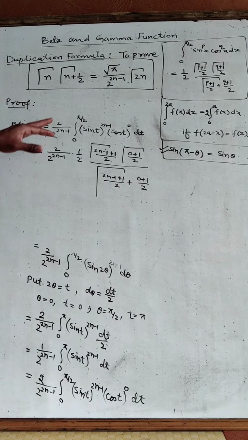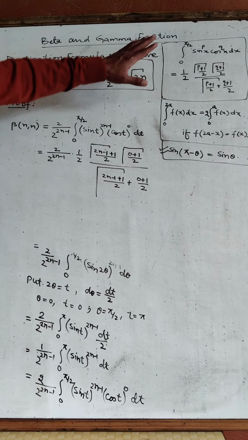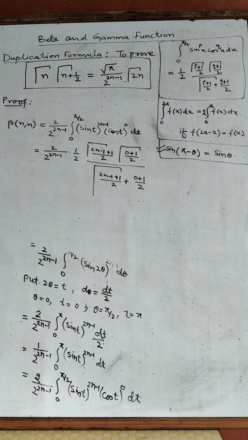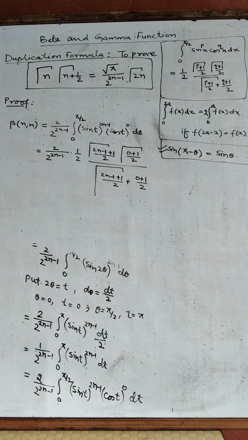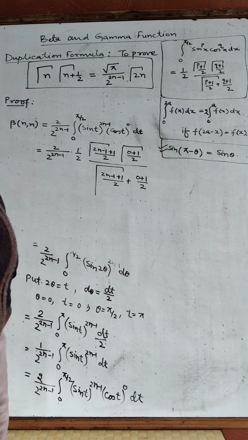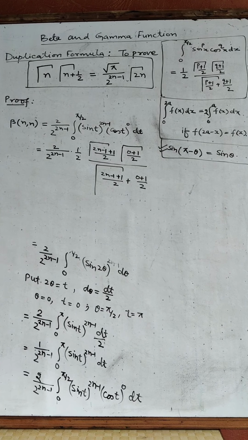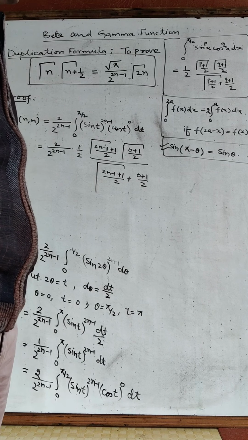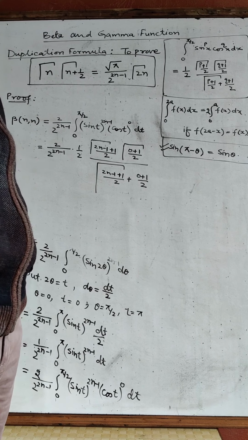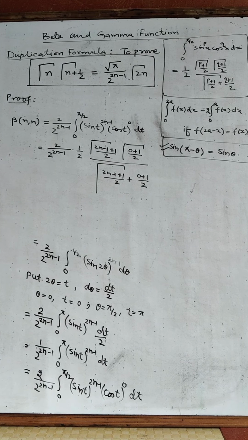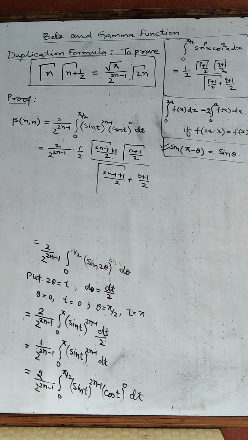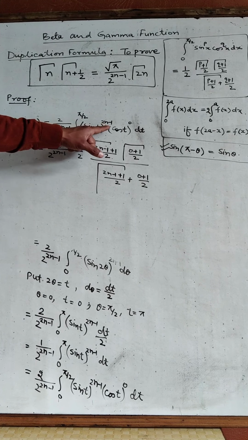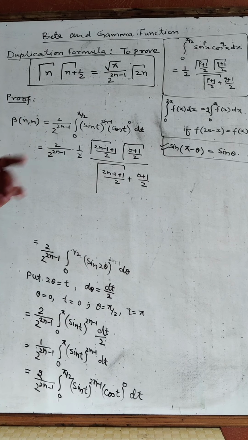Students, look again at what we have done. We have used this result from the gamma function, that the integral from 0 to pi by 2 of sine raised to the power p of x, cos x raised to the power q dx, is equal to 1 over 2 into gamma of (p plus 1) by 2 gamma of (q plus 1) by 2 over gamma of (p plus 1) by 2 plus (q plus 1) by 2. And here p was 2n minus 1 and q was 0.